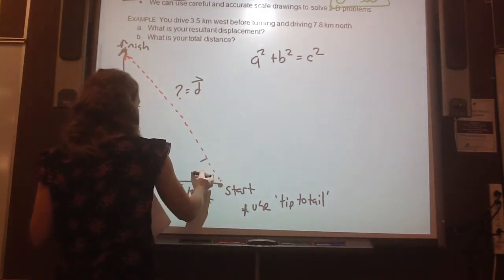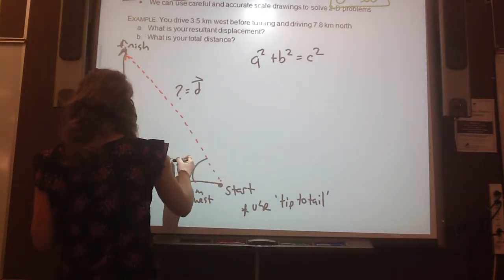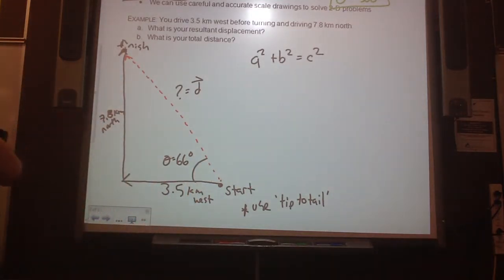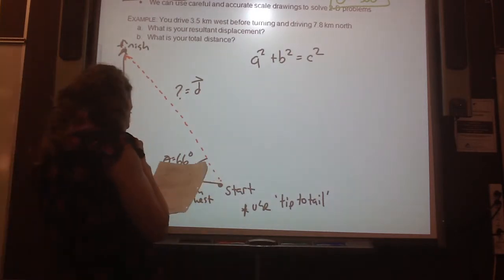Oh, and I forgot to give you, theta is equal to 66 degrees. So you could use your trigonometry too, which we'll do next day. If you don't want to do trig, you can just do Pythagorean theorem for now.